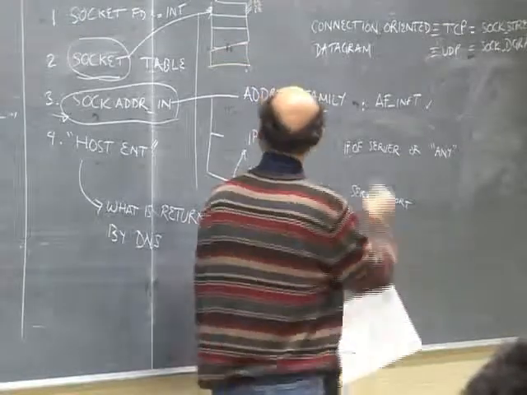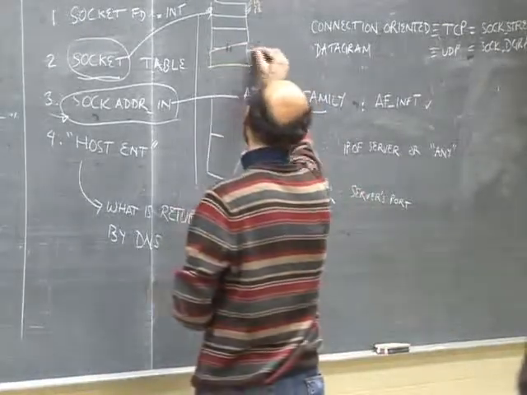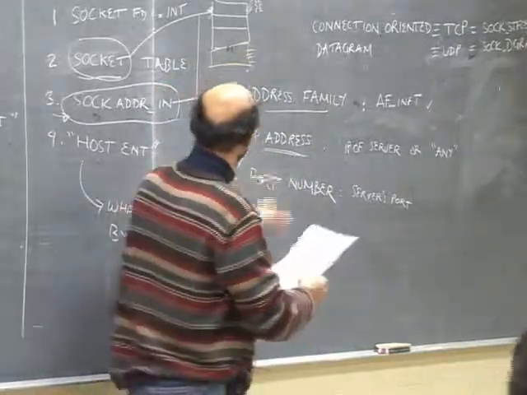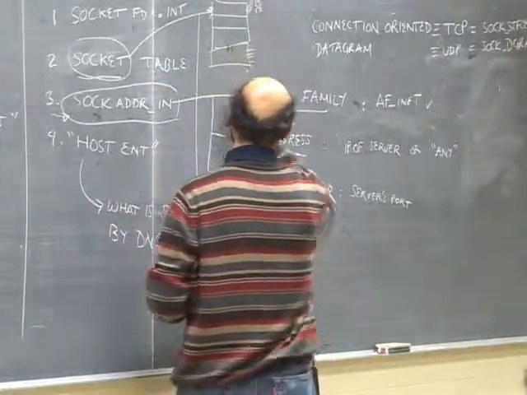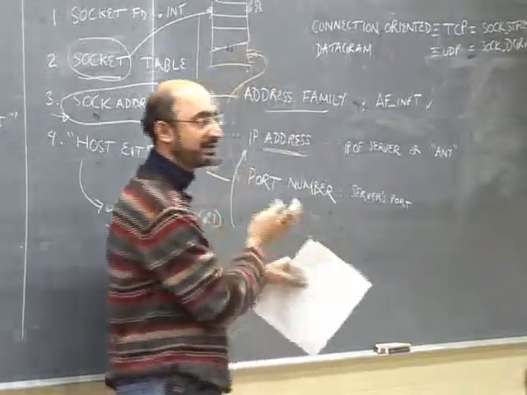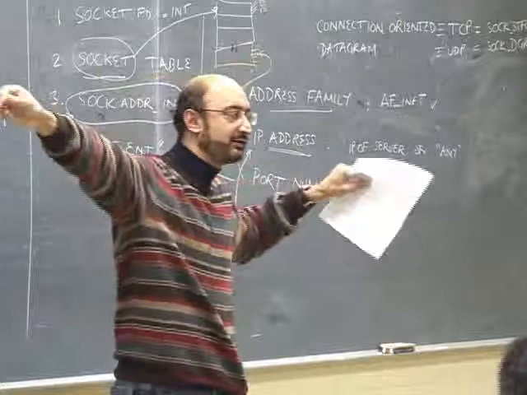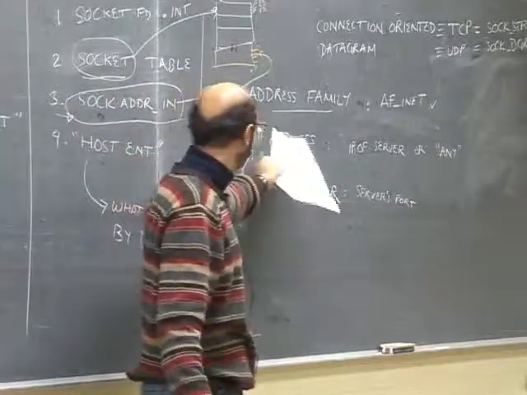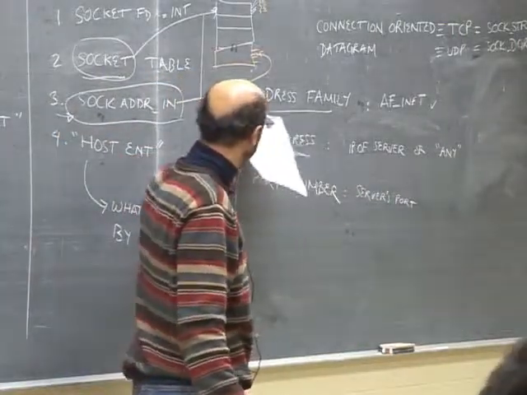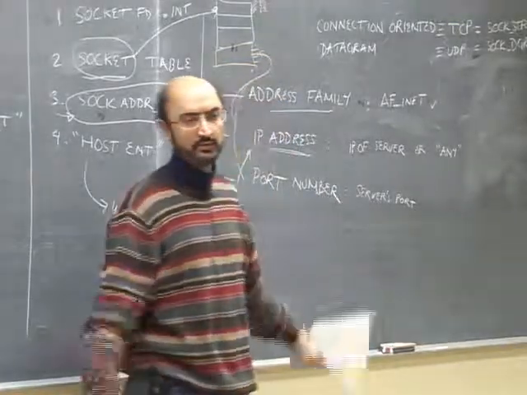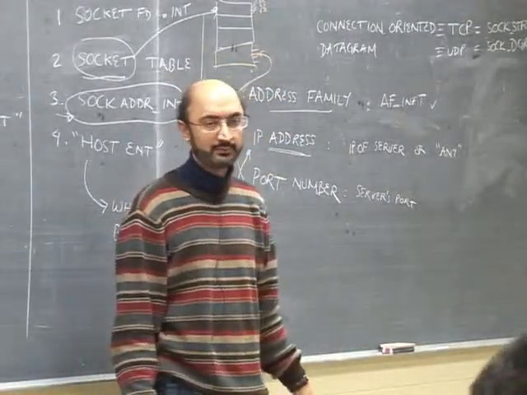Then bind says, okay, all this information, just stick it in here. This is what the bind call does, because these 3 things have got to go over here. That's binding it, putting it on. That's like putting up a nameplate that says, this is my tattoo parlor. I'm going to accept anybody who's coming on the internet and who's on this port.